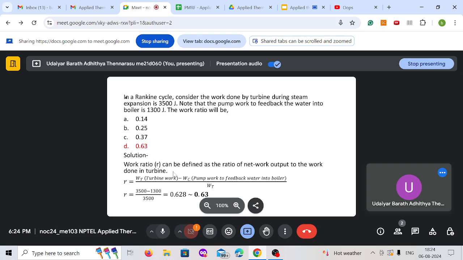So the work you are generating is from the turbine, and the net work is the work generated by the turbine minus the amount of work which is utilized by the pump. So here we know the turbine work is 3500 joules and the pump work is 1300 joules. So 3500 minus 1300 divided by 3500. So this gives you 0.628 or 0.63. So the work ratio will be 0.63.